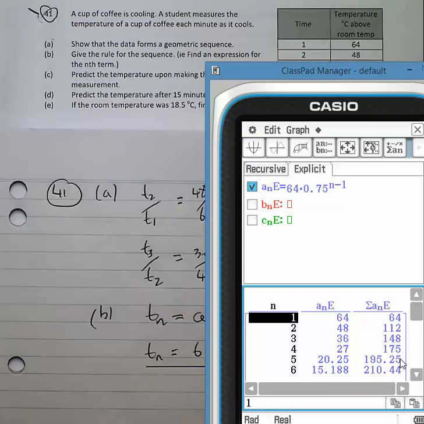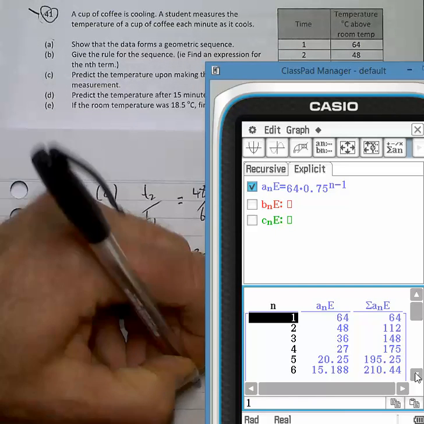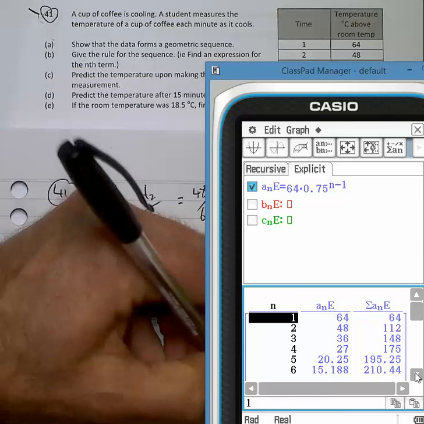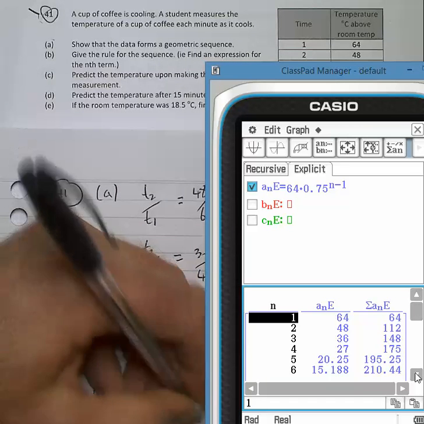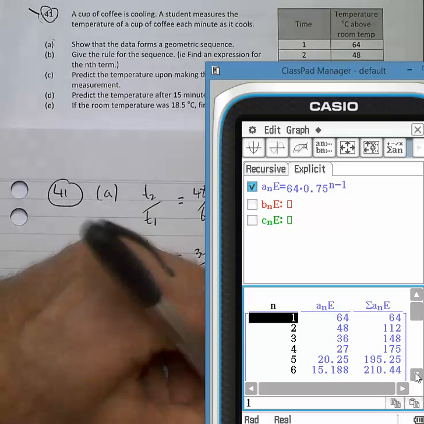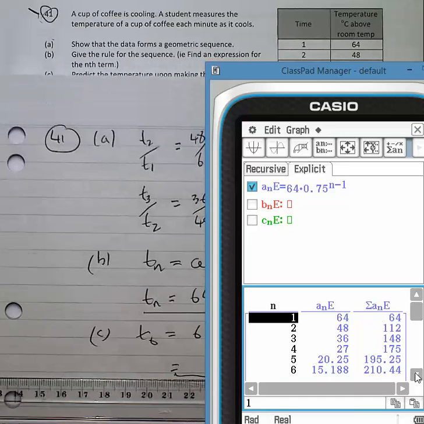Now you can see here 64, 48, etc. I would normally find T6 by going 64 times 0.75 to the power of 5. But you can see I would get 15.188 degrees Celsius if I did that.